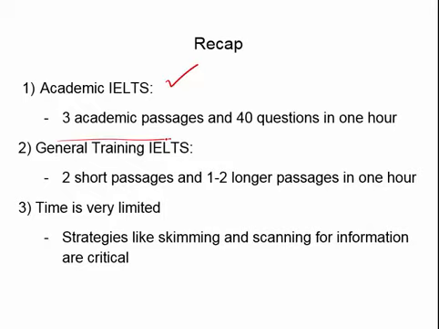In general, the passages get harder as you go, but the difference is not so great like we have in the general training IELTS, where the first passages are quite a bit easier than the last two, right? So again, general training, you'll have 3, maybe 4 passages for the general training IELTS. First ones are just informational about normal daily life kind of topics. And the last one will be an article or essay that's a little bit longer.